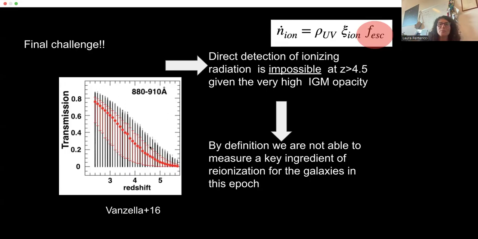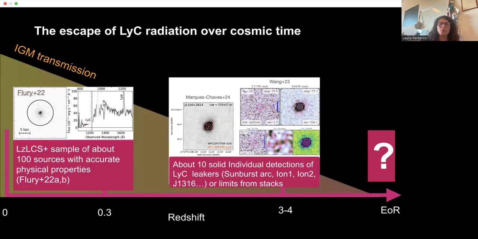Basically, the IGM is completely opaque, and so there is no transmission of such sources' flux. So by definition, we are not able to measure this key ingredient of ionization for the galaxy in the epoch of ionization. And so this is a very, very major challenge. I think I will stop here, but tomorrow I will try to tell you how we're trying to somehow go around this challenge.